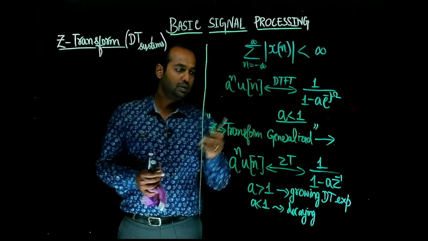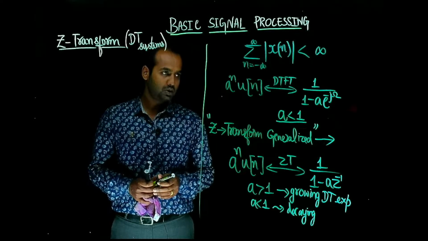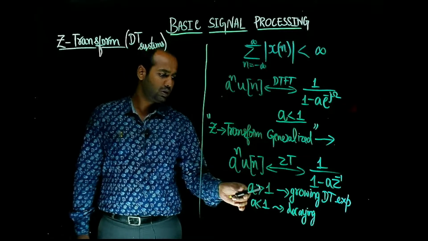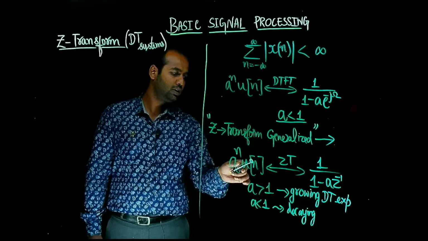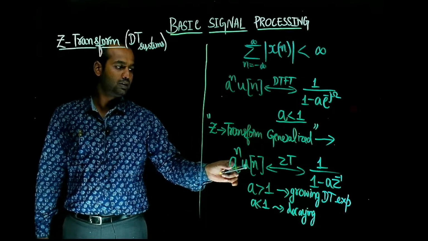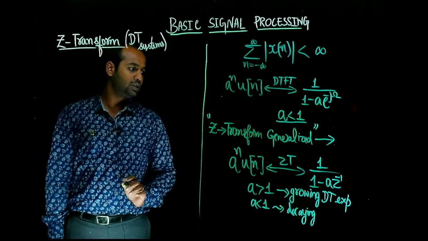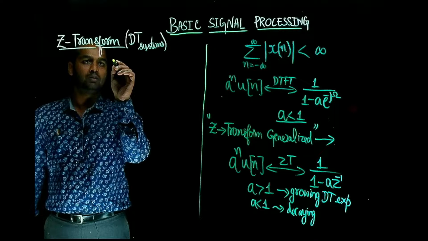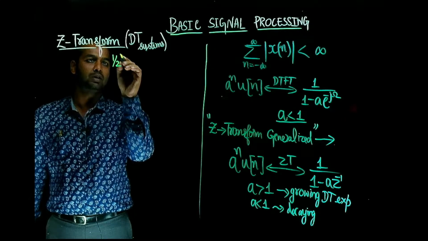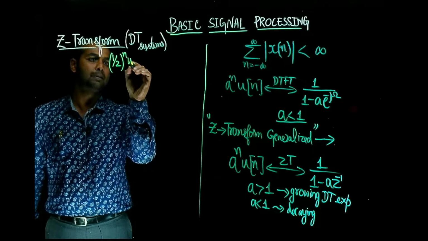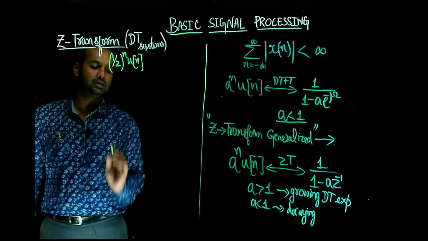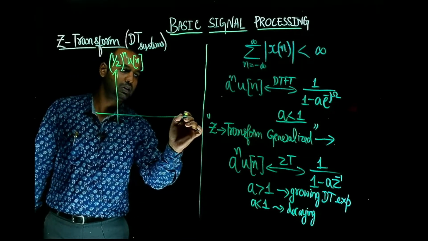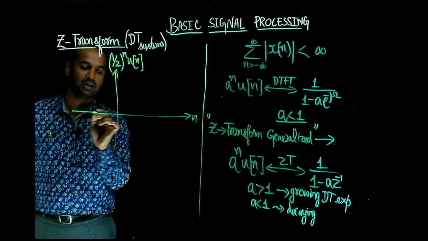Okay, so let me continue with this representation of discrete sequences. I will use a value greater than 1, a value lesser than 1, and we have u of n, that is a right-sided infinite duration sequence with a step value of 1. If I want to sketch half power n u of n and compare it to 2 power n u of n, we know that u of n is a right-sided sequence.